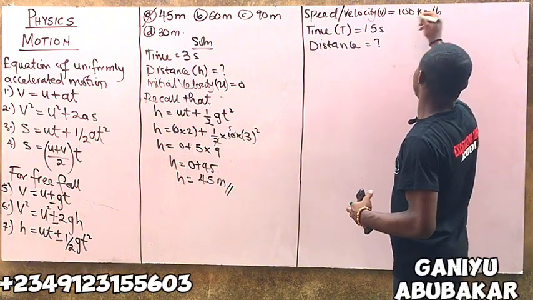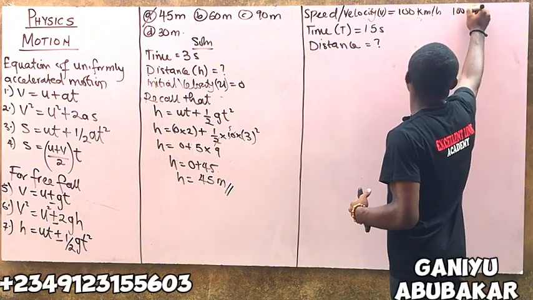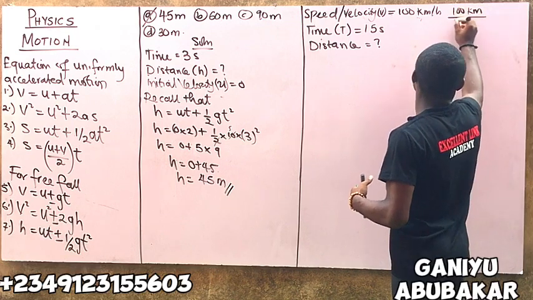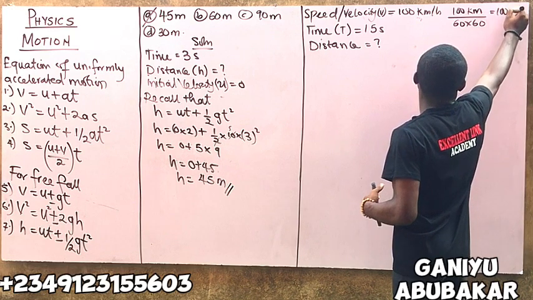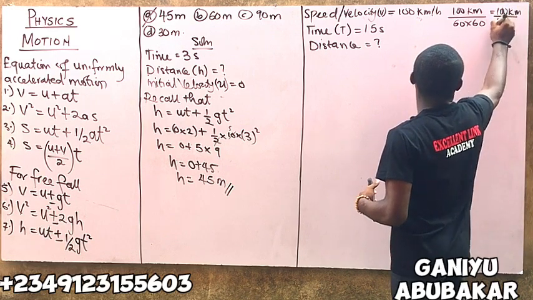Convert this one to seconds, so it becomes 100 kilometers all over what there? 60 times 60. So I have 100 kilometers over 3600.